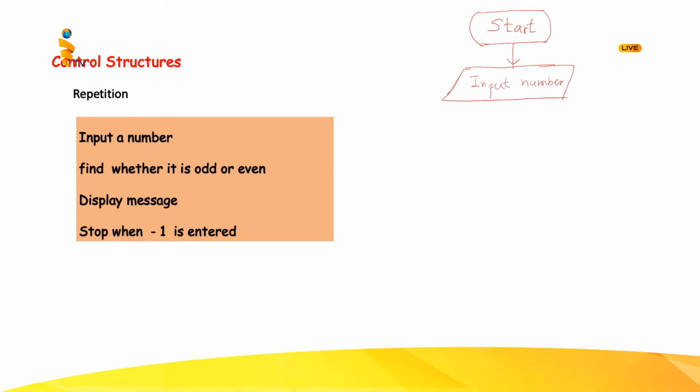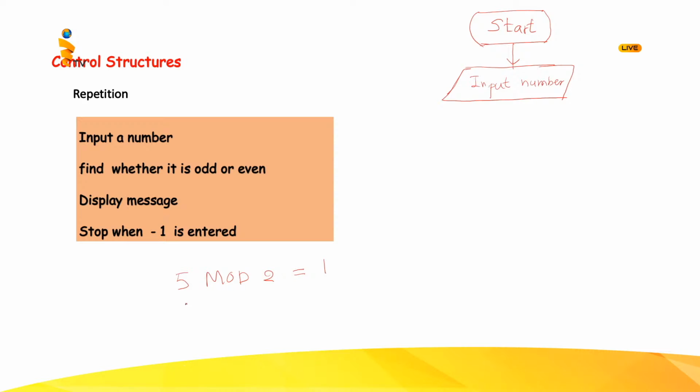Suppose we use 5 mod 2. Now I will get the remaining answer. Divide it by 2 and what is the remaining answer? 2 into 2 will be 4 and I will get 1 as the answer.